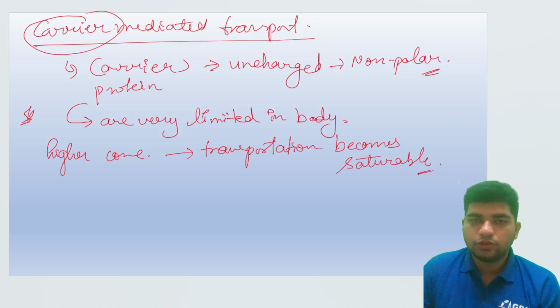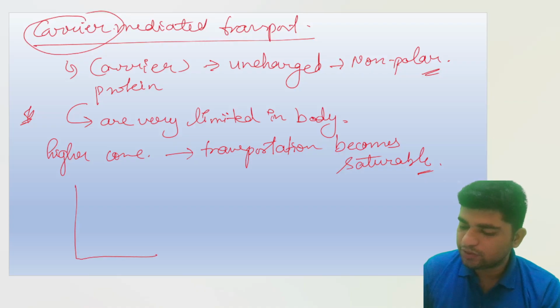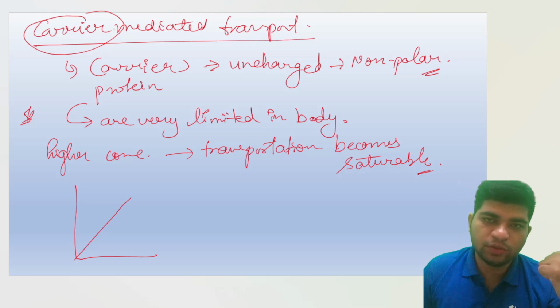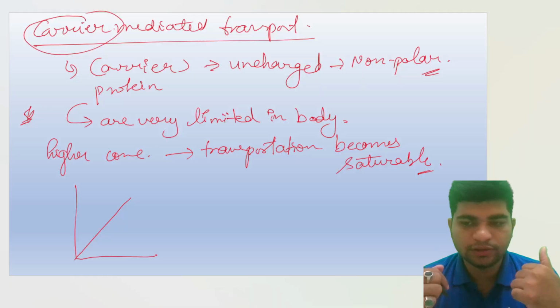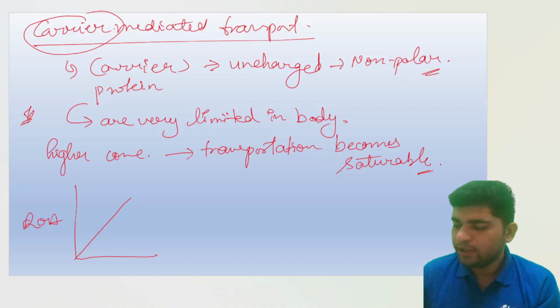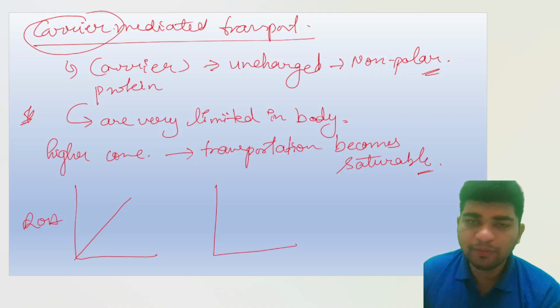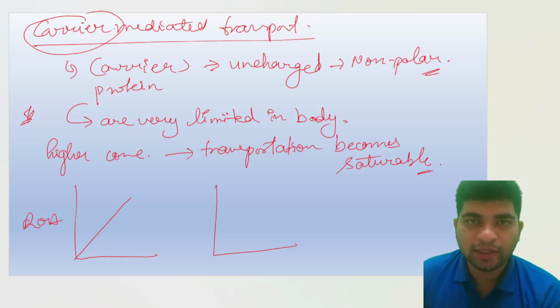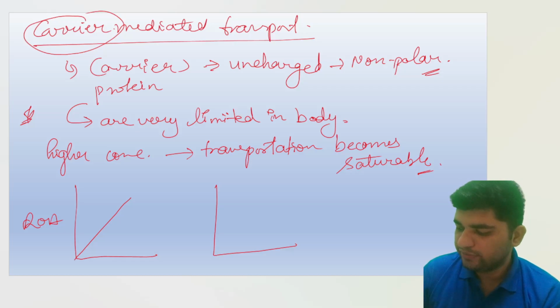All right. In passive diffusion, the rate of absorption is directly proportional to the concentration or dose of the compound, so it shows a linear rate of absorption. But in carrier mediated transport, carriers are used and they are limited inside the body, so there will be a graph like this.